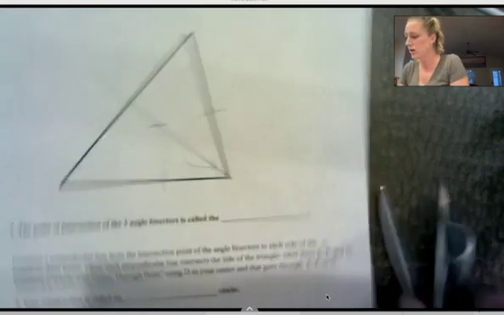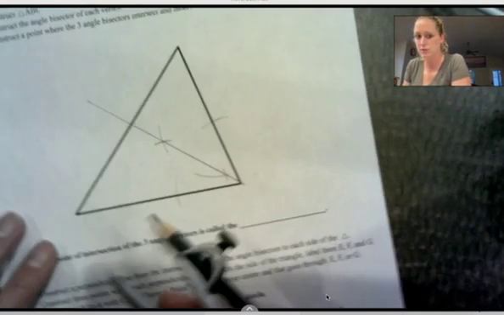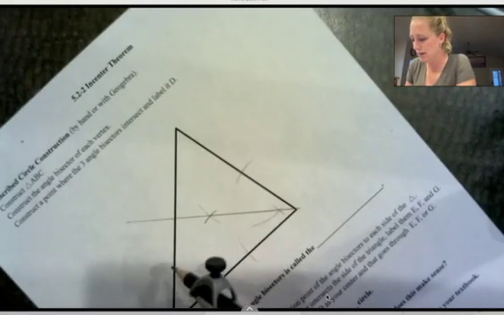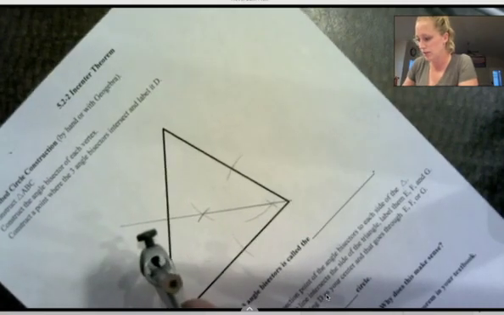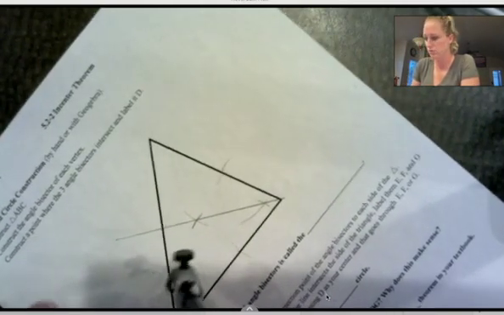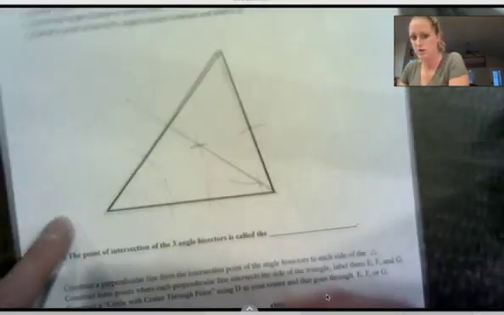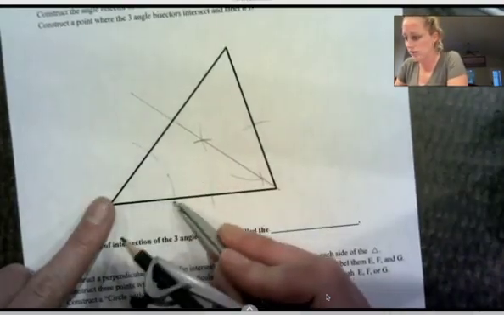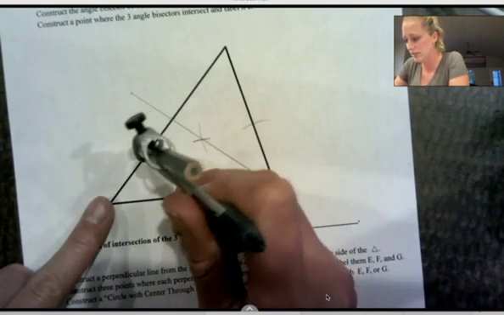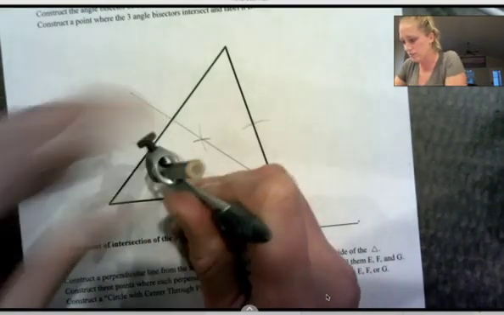Okay, and we're going to repeat that for all 3 angles. All right, so I'm going to do this bottom left one. So again, this width doesn't matter, it just needs to cross both rays. Okay, and now this intersection point and this intersection point I need to bisect. So I'm going to close mine a little because this one's kind of skinny.